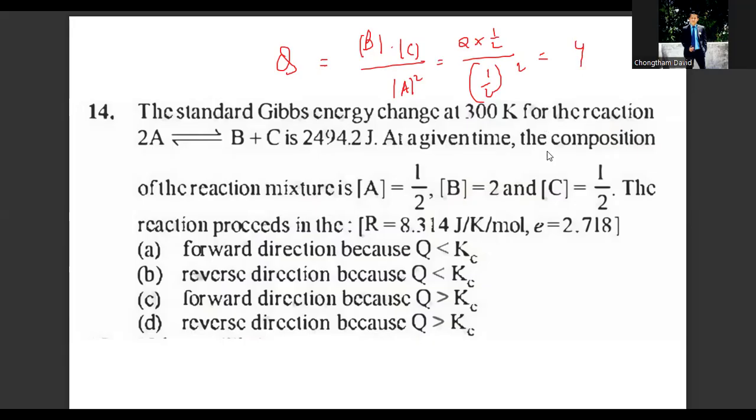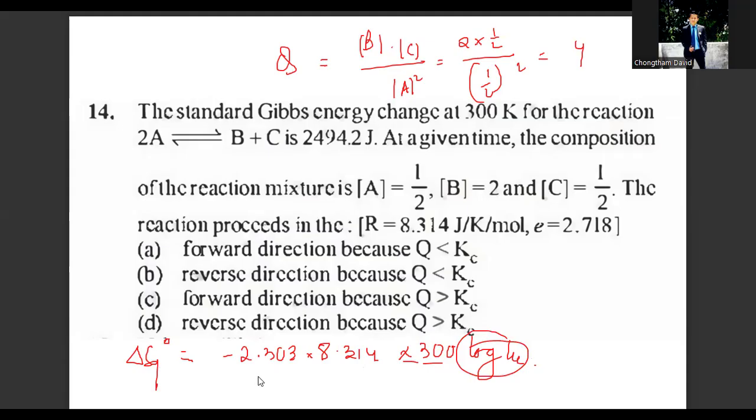And the relation for Gibbs free energy would be delta G naught equals minus 2.303 times gas constant 8.314 times temperature 300 times log of Kc. So find this log of Kc. And what is the value of delta G naught?